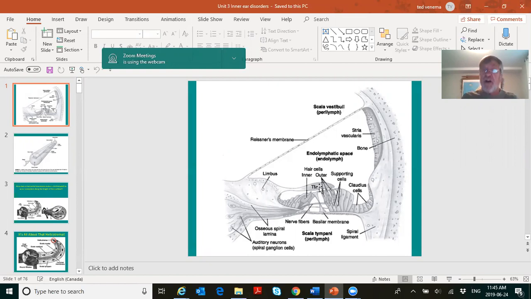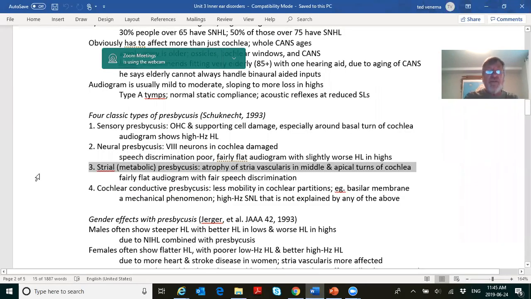Fair to decent speech discrimination, and more common among women than men, because women tend to be slightly more susceptible to heart disease than men. Read what it says. Fairly flat audiogram with fair speech discrimination.